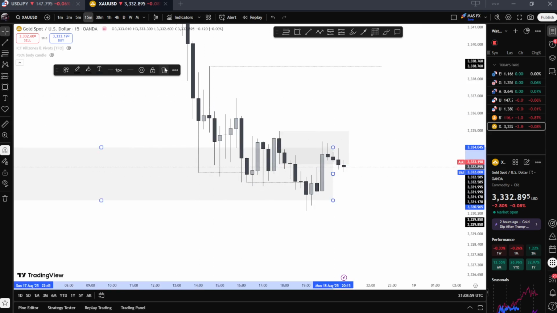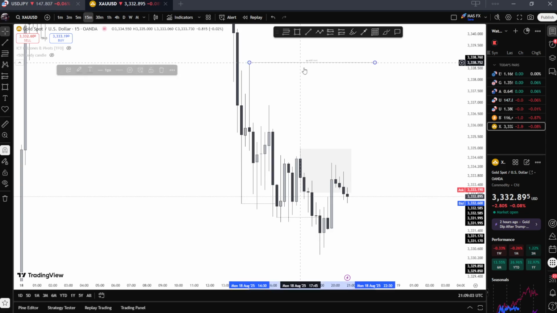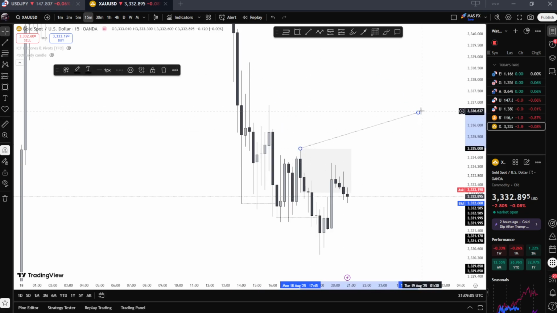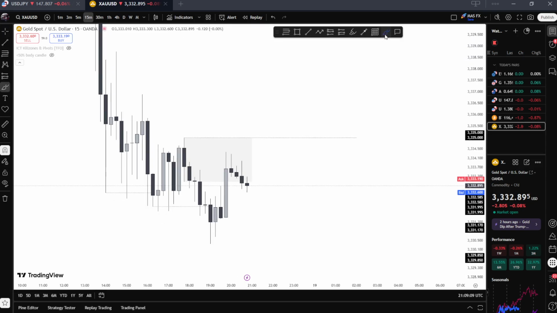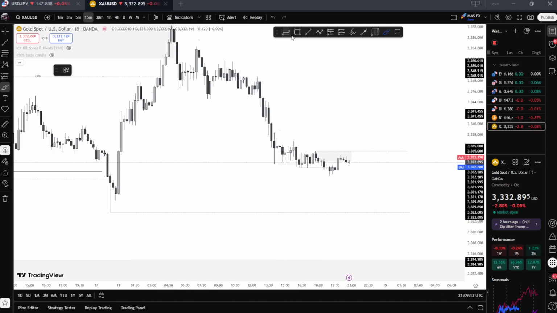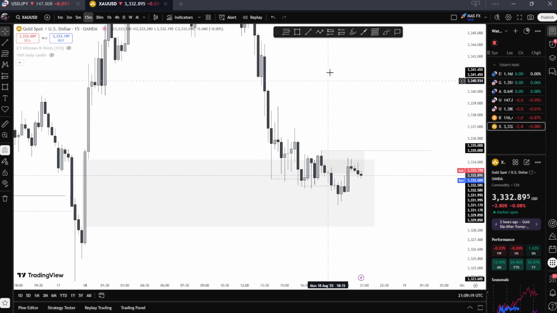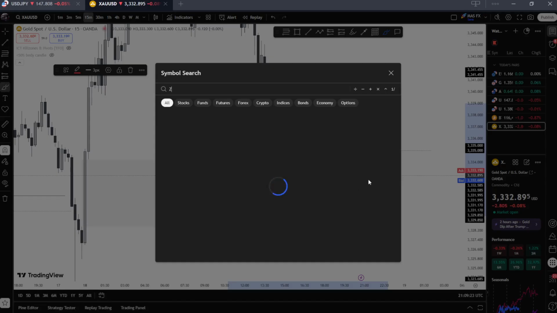If we're able to get a break and a close above this high, that will be my market structure shift on this lower time frame, showing me that the demand is in our favor. That's why price is slowing down. As you can see, we are slowing down very much.